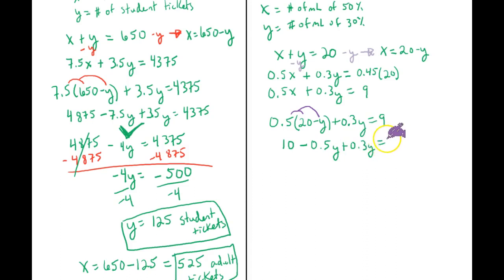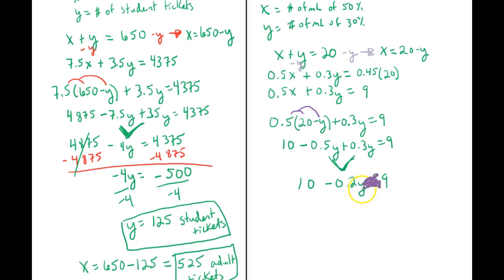Everything else is staying the same. Move on to combining my like terms. Negative 0.5y plus 0.3y gives me negative 0.2y, 2/10 y.